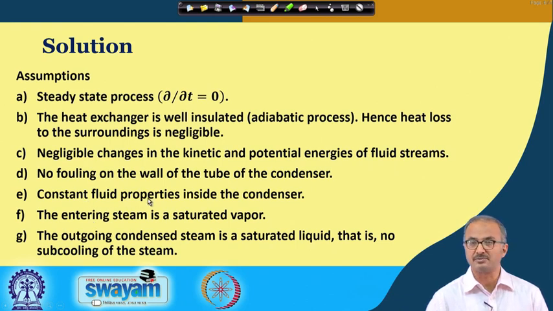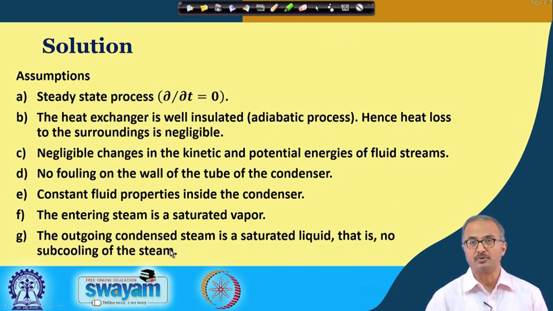This particular assumption is not strict. If there is any change in a particular property of the fluid, it also does not matter. You can also take care of this. It is only that with change, you may have to integrate over the particular temperature range. Then we have the entering steam as saturated vapor, and the outgoing condensed steam is also saturated liquid.